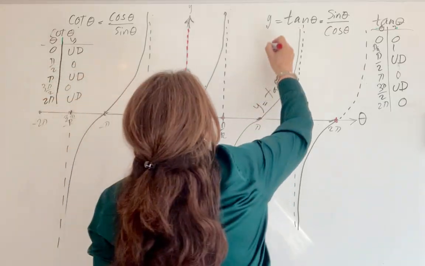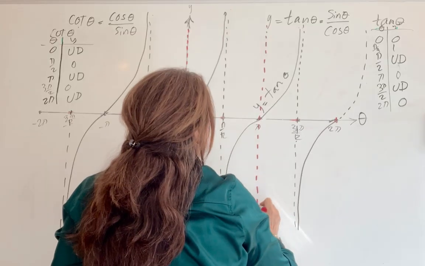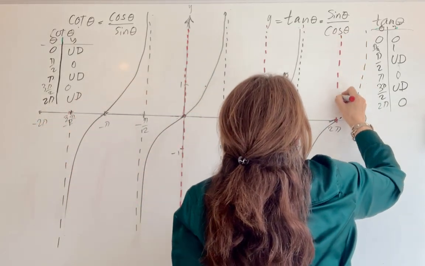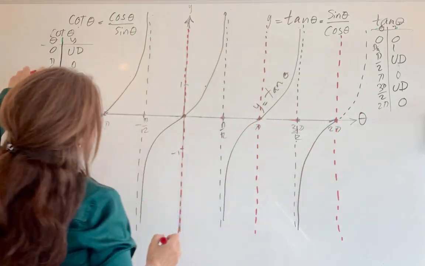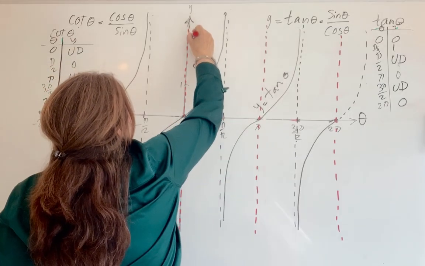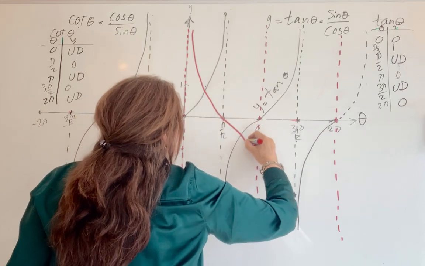And at pi, this is about cotangent, and at 2 pi, it is undefined. And when it is 0, at pi over 2 it gets 0. This gets 0, comes down, gets 0.